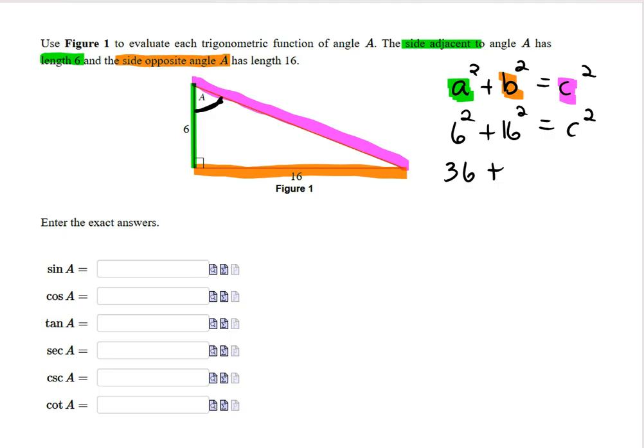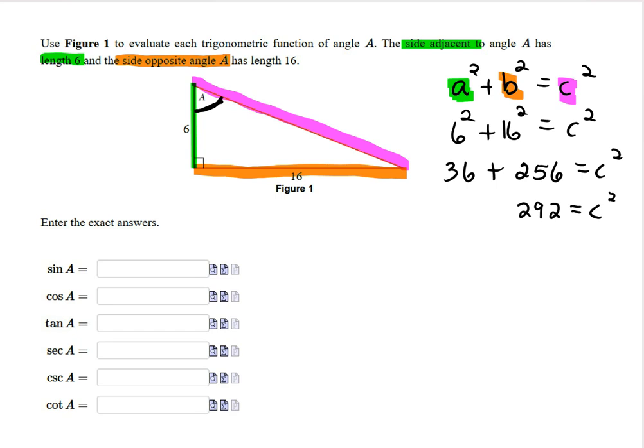6 squared is 36, and 16 squared is 256, and 256 plus 36 is 292.